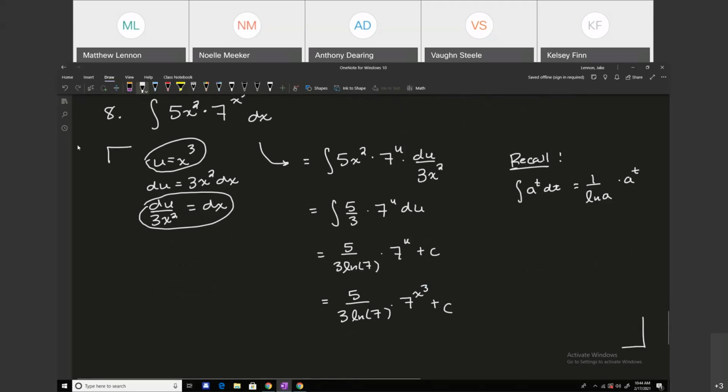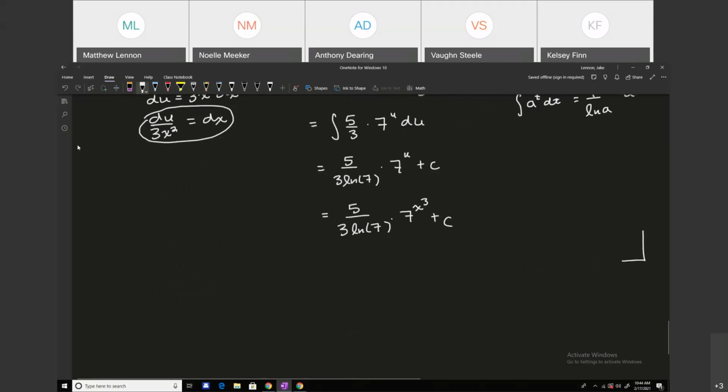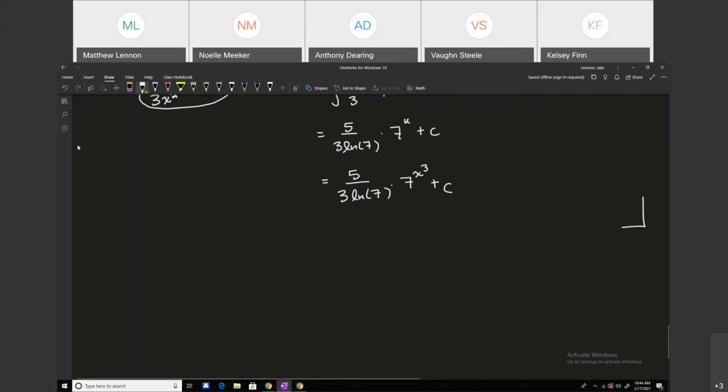Let's go ahead and work through some integration by parts. So let's say we want to compute the integral of 12x times e to the 3x dx.